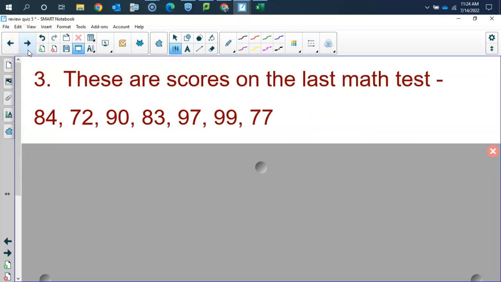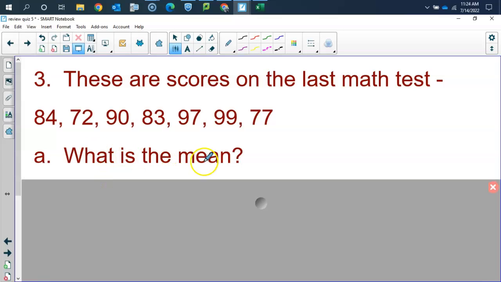All right, here are the scores on the last math test. Somebody got an 84, a 72, and so on. I want you to find the mean of that class. Go. Well, how do you find a mean? You add all of the numbers together.